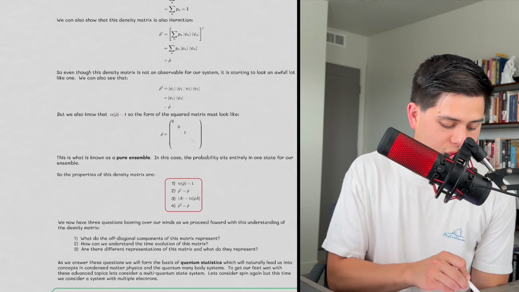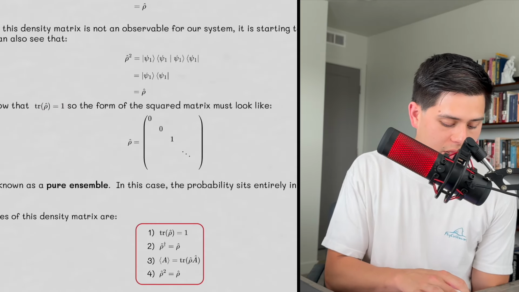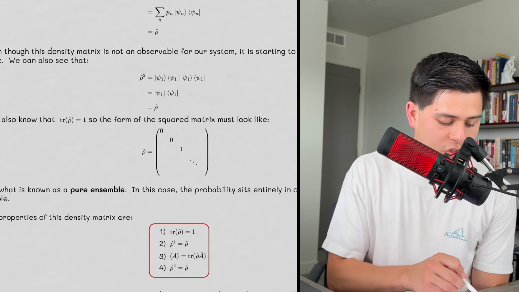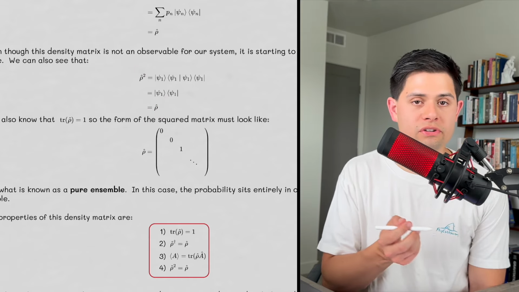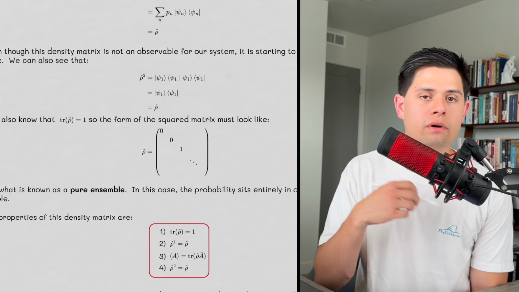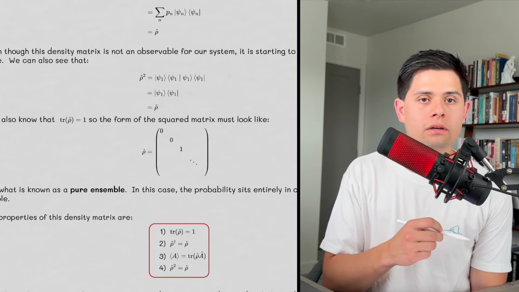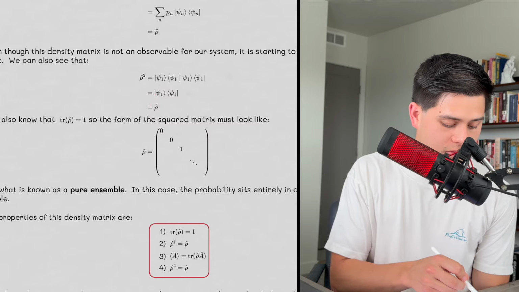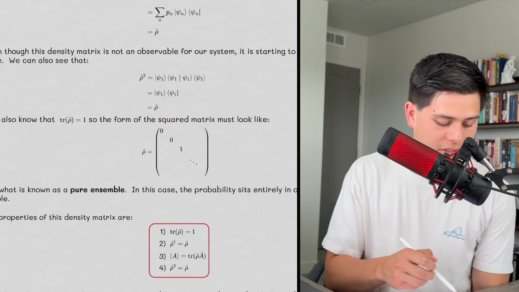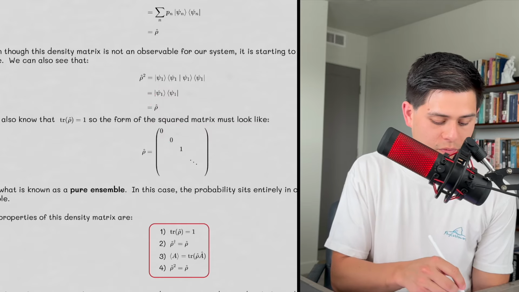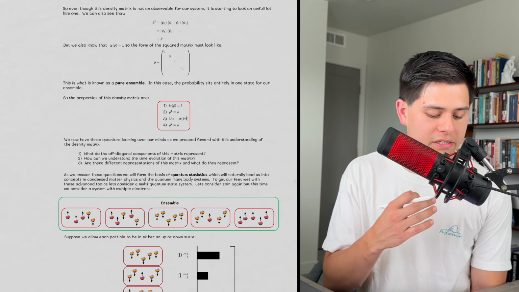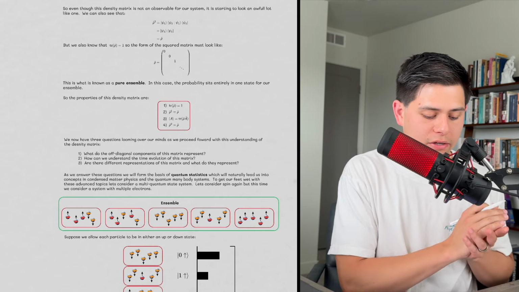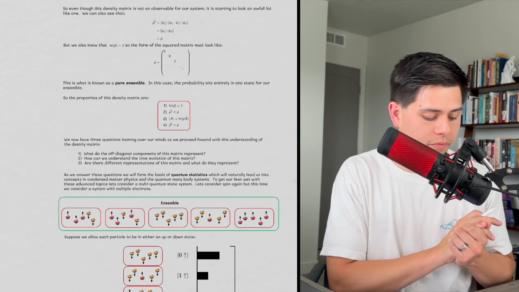We know that the trace has to equal 1, and the only possibilities in which something squared is equal to itself are 1 or 0, but since the trace has to be 1, this has to be 1 as well. We need a form in which everything is 0 except for one entry, and this is what's called a pure ensemble. So in this case, the probability sits entirely in one state for the ensemble.